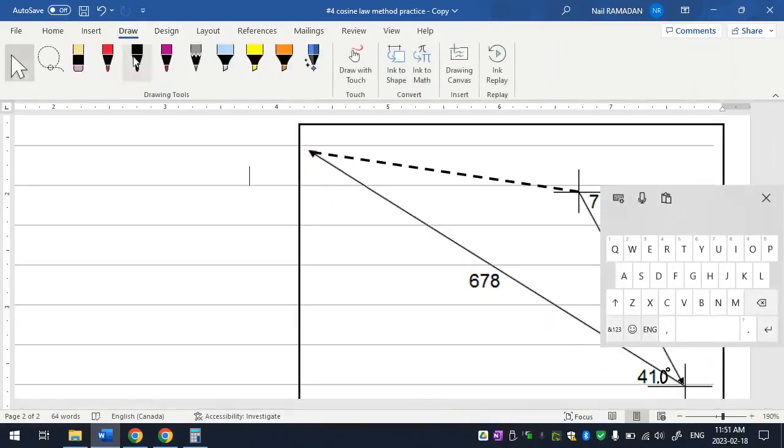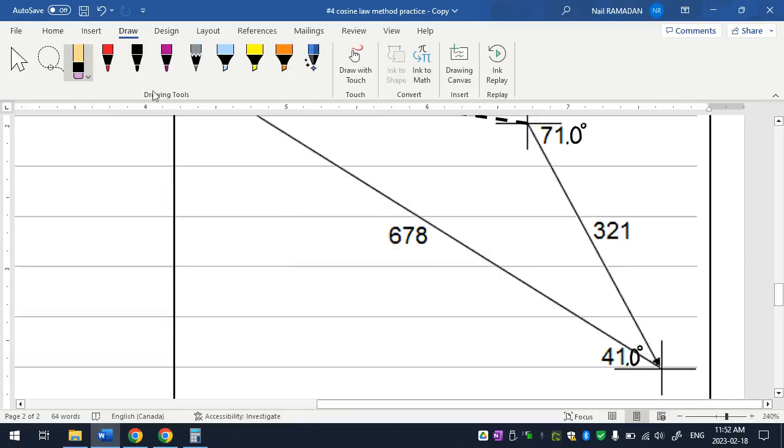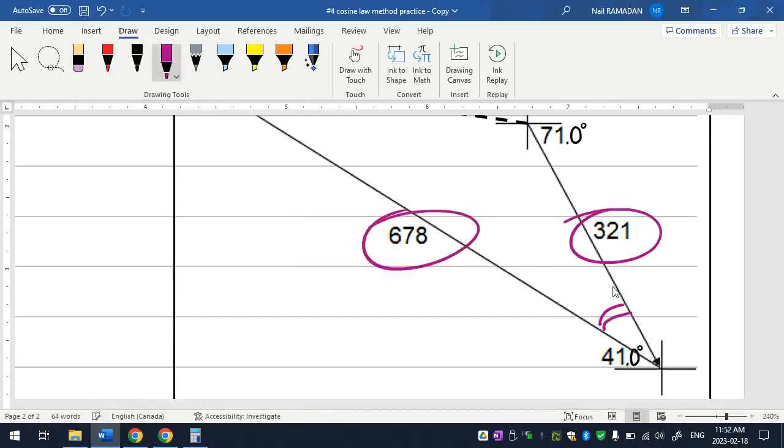So what we need to find is the length of this vector. So we need to find this angle because that's the angle between this vector and this vector, the ones that are known. So to find this angle, well, this is 41 right here.